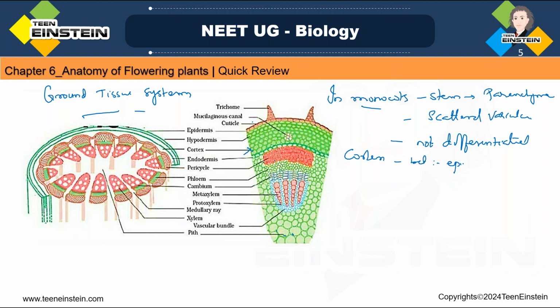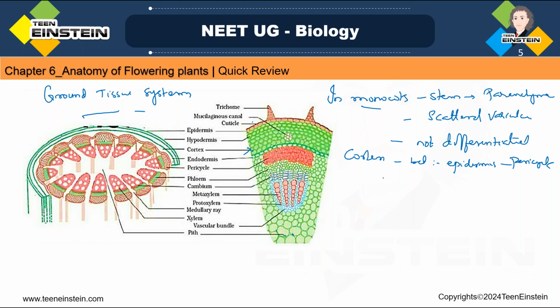between epidermis and pericycle, which portion? Cortex portion. The cortex portion is again divided into several layers like hypodermis. You can see hypodermis just below the epidermis. This hypodermis is made up of collenchyma.